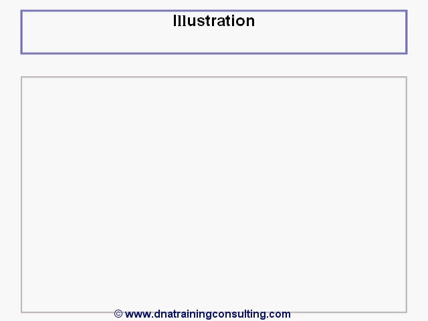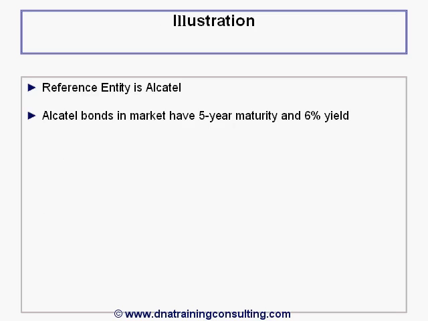To illustrate, we assume that the reference entity is Alcatel, that Alcatel bonds available in the market have a 5-year maturity and a yield of 6%, and that our investor is interested in 3-year exposure to Alcatel, which is not available directly in the bond markets.